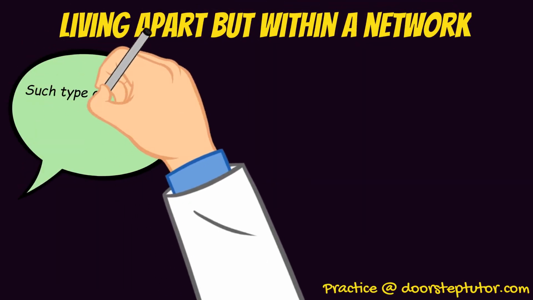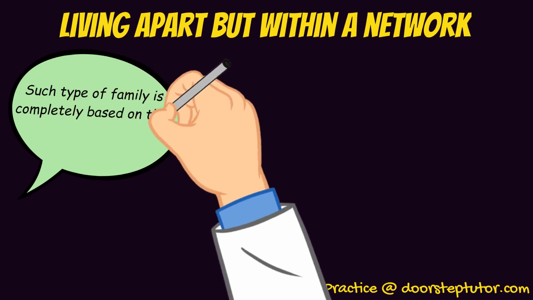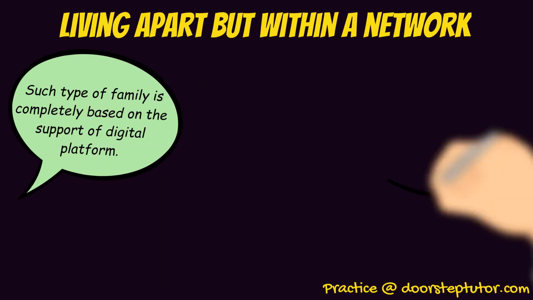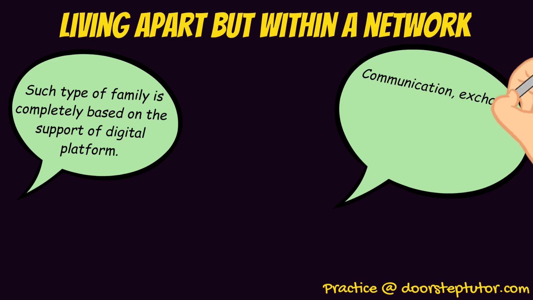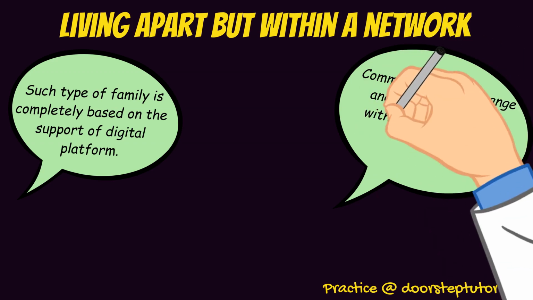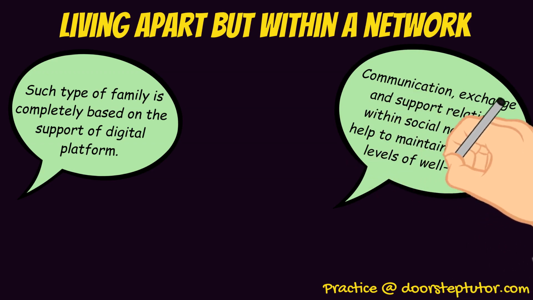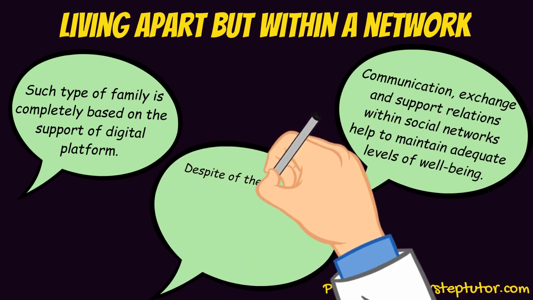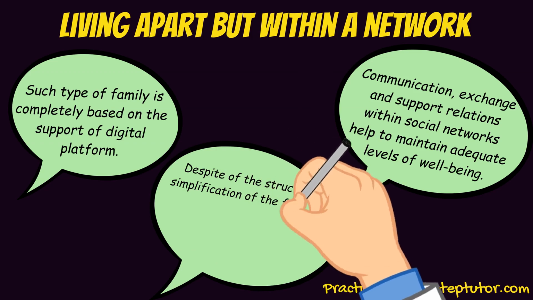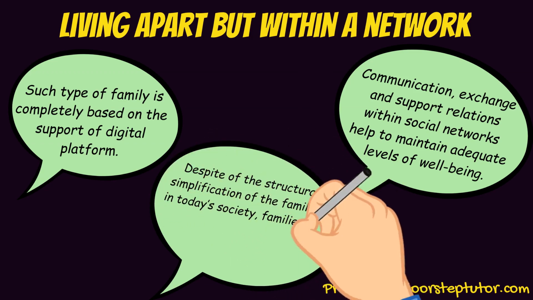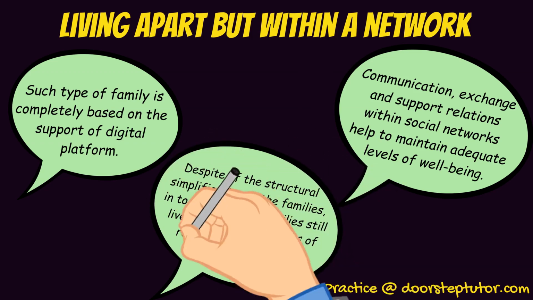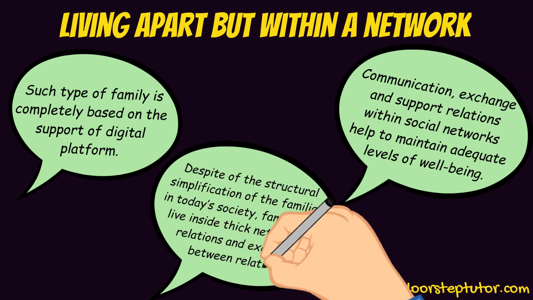Such type of family is completely based on the support of digital platforms, communication, exchange and support relations within social networks help to maintain adequate level of well-being. Despite the structural simplification of families in today's society, families still live inside thick networks of relations that exchange between relatives.